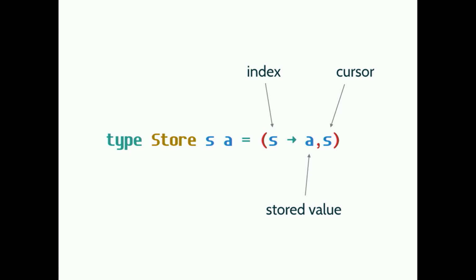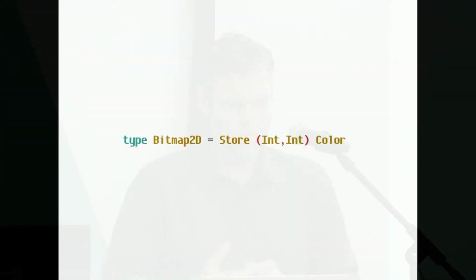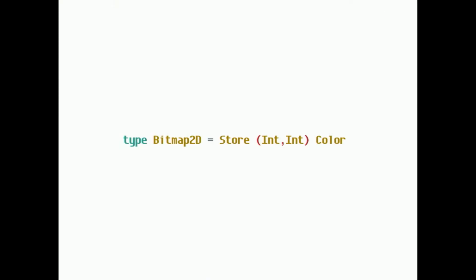We can also change what that S is, assign it to a different S and then ask, what's the A under that? You can imagine it like a forklift where the position of the forklift is the S, and we can ask, what's the A right here, and then get it. For example, you can imagine a store indexed by pairs of integers containing colors as being a two-dimensional bitmap.